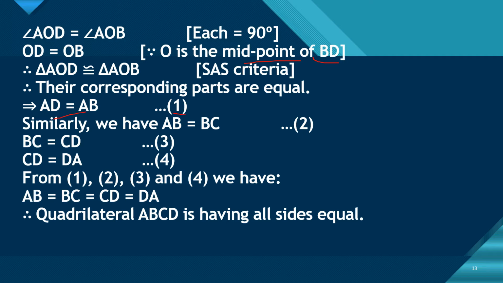That is the first equation, and then similarly we have AB equal to BC, BC equal to CD and CD equal to DA. So from 1, 2, 3 and 4 we have AB equal to BC, CD equal to DA, BC equal to CD. Therefore quadrilateral ABCD has all sides equal.